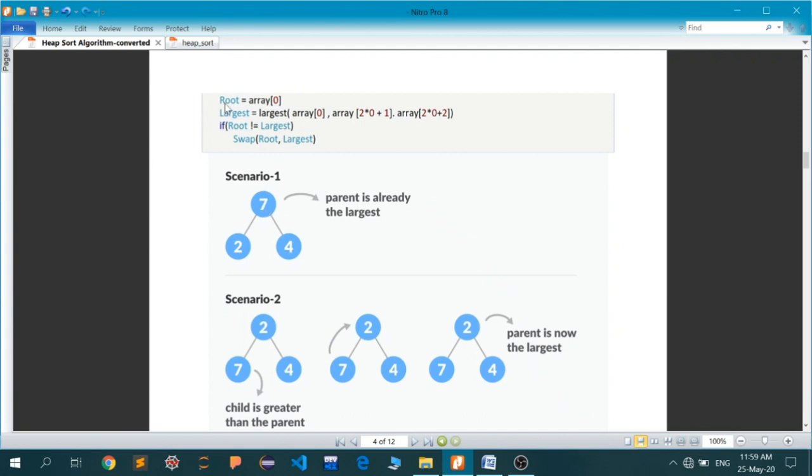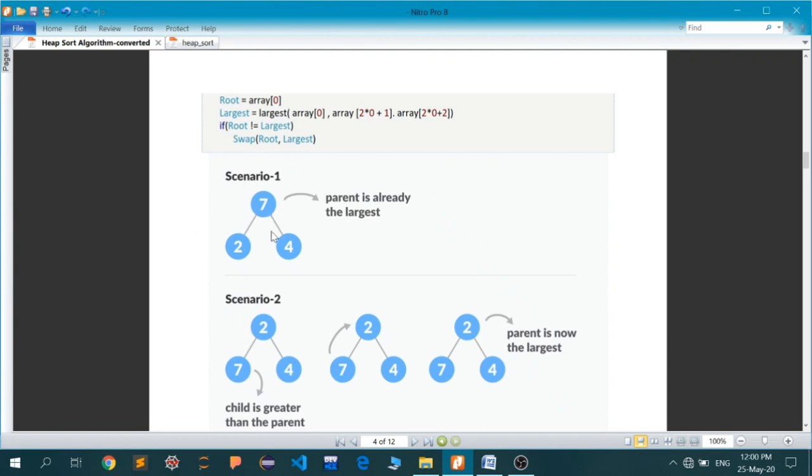Then it will calculate the largest of the 3 values: the root, its left-hand child and its right-hand side child. The largest will hold the element which is the greatest of all these 3, and if root is not equal to largest, that is if this element is not the largest, then we are going to swap the largest with the root.